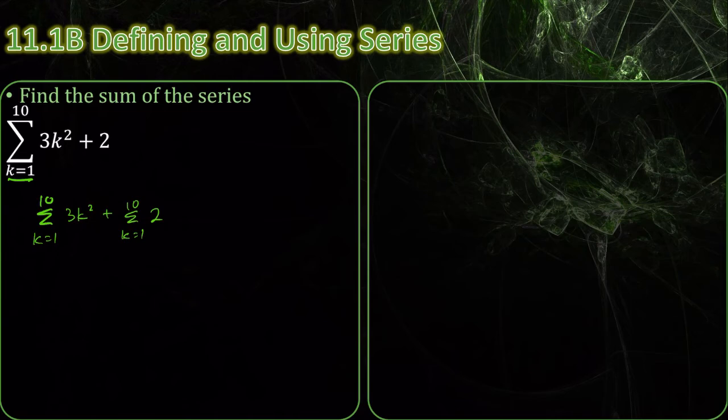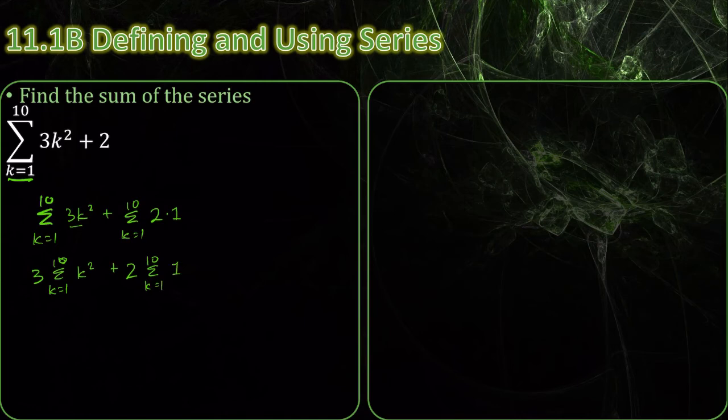I can add 3 times 1 squared plus 2, plus 3 times 2 squared plus 2, or I go 3 times 1 squared plus 3 times 2 squared plus 2 plus 2. Still the same thing. And since I'm multiplying 3 times the k, I could factor out the 3. And here this is like 2 times 1, so I could factor out the 2. Because it's multiplied by each one of those things, we can factor it out.